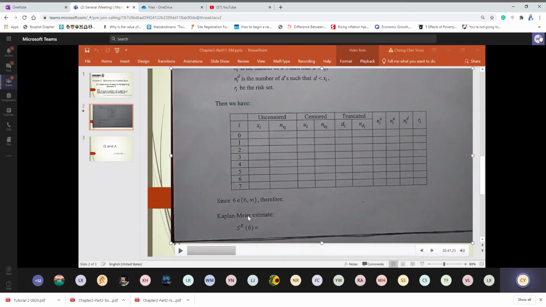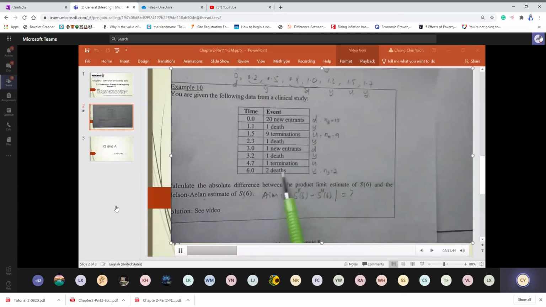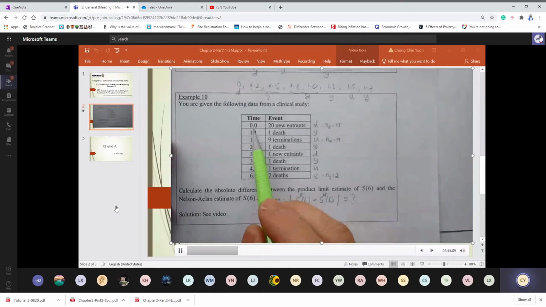You have to take note because you may be confused. Please pay attention. We have here y, y, y, y. So that means all these are my x value.